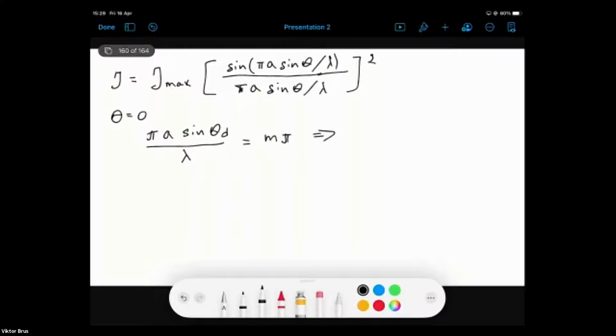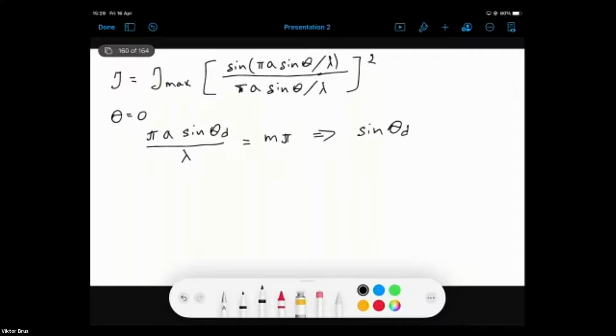And from here we can show that this is the same as we derived earlier based on our consideration of the slit as a set of many point sources of coherent light.